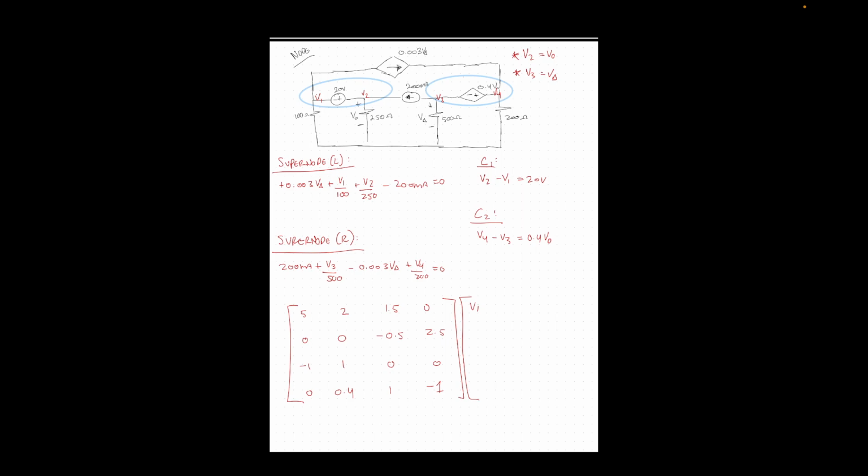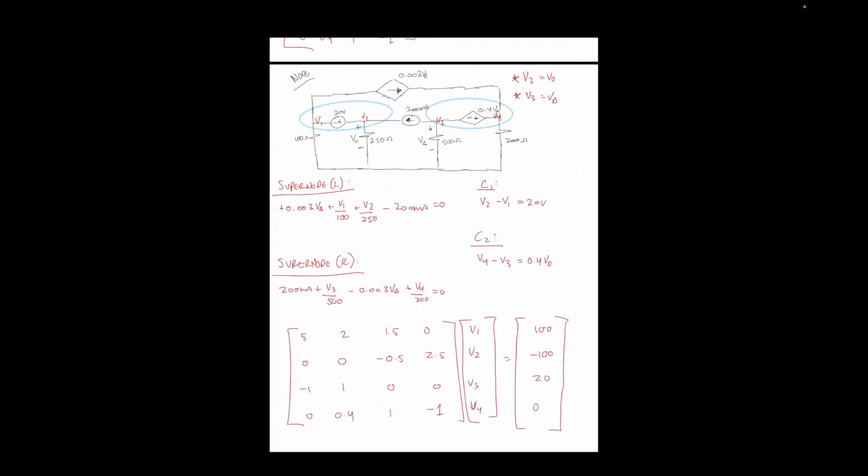Again, these are my V1, V2, V3, and V4 values. My final result is going to be 100, negative 100, 20, and 0. Like I said, I want to put more emphasis on writing these equations. The algebra will algebra.